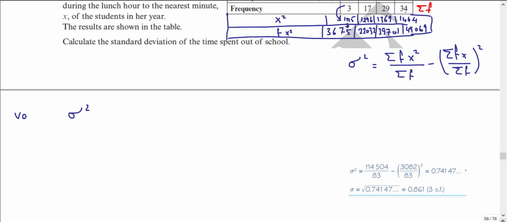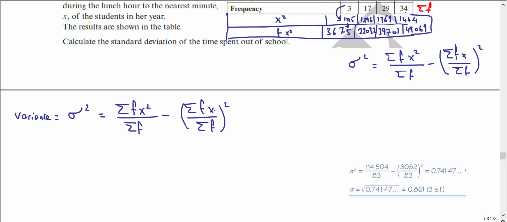Of course you have to memorize the rule, otherwise it will be a big problem. Sigma fx squared divide sigma f, minus sigma fx divide sigma f, all power 2. This is the mean, by the way. And we didn't find the mean yet.